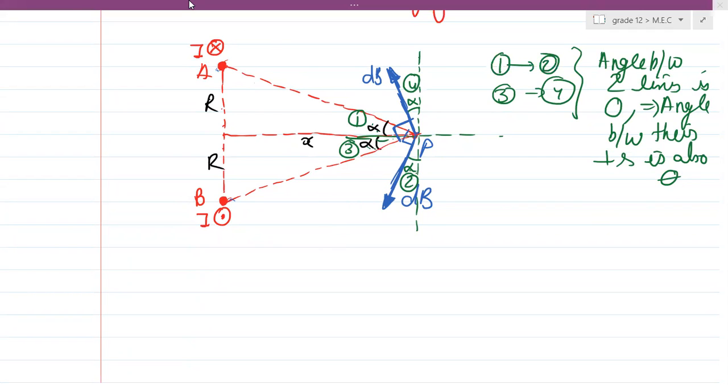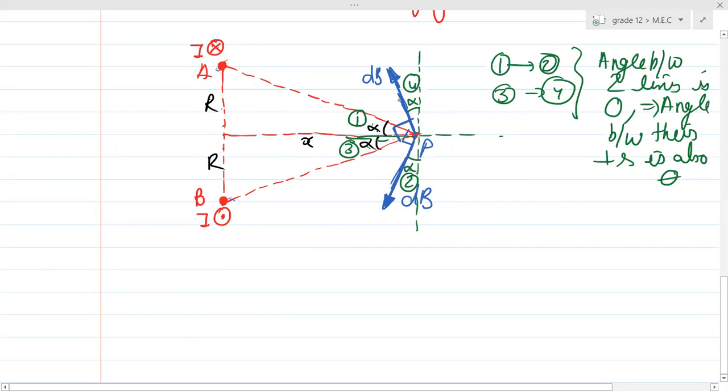Once you do that, this dB, which was out of the frame, can be resolved into two components. Here it will be dB cos alpha, and here again dB cos alpha. Can you see the cos alpha components will get cancelled out, whereas the sin alpha components will get added up?